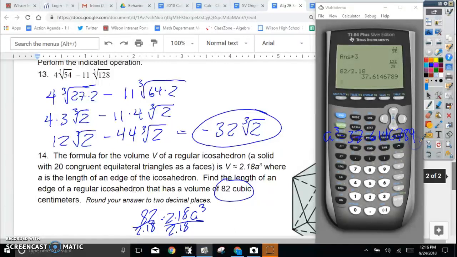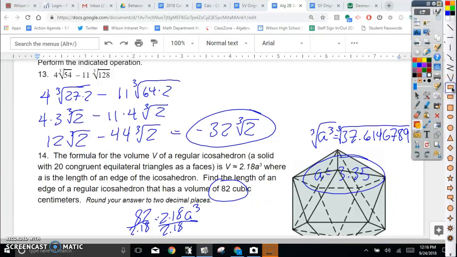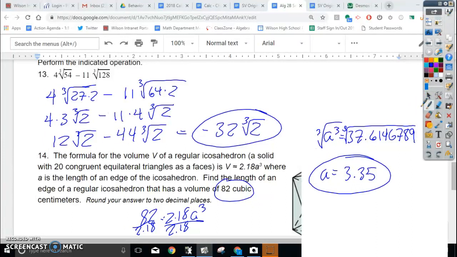I'll move the calculator here in a second. I'm going to take the cube root. And second answer. So we're looking at 3.35 to 2 decimal places. All right. And if you need a clearer shot at that so you can actually see it, there you go. And my units, if you want to put units in here, would be a centimeter.